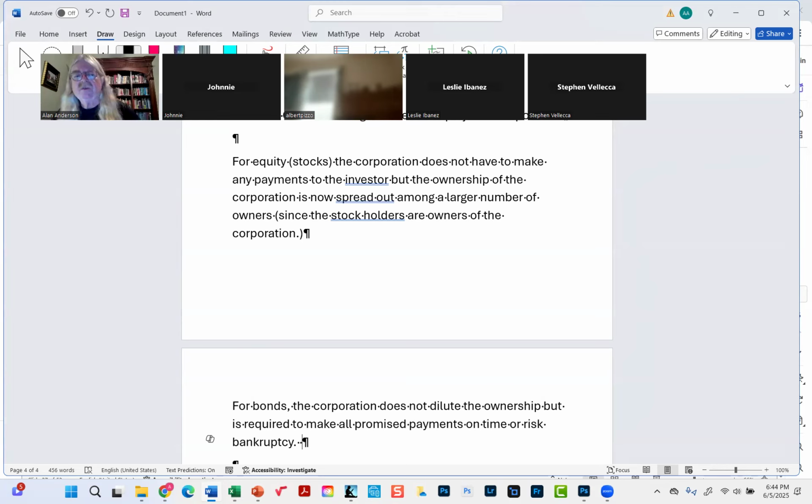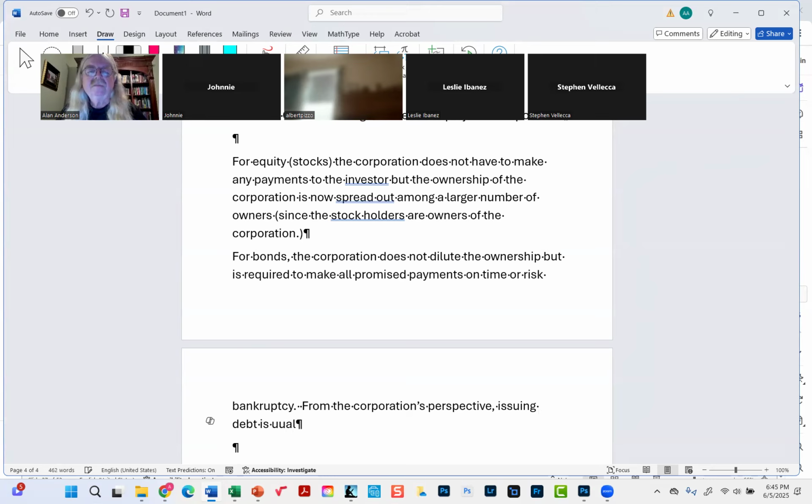So that's the risky thing for the corporation, but there are a couple of good things here though. From the corporation's perspective, issuing debt is usually cheaper than issuing equity. And on top of that, all coupon payments are tax deductible to the corporation.